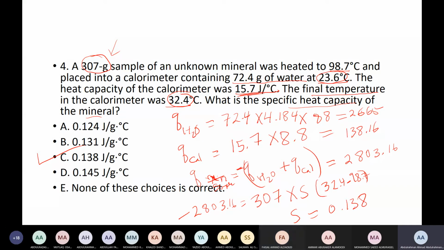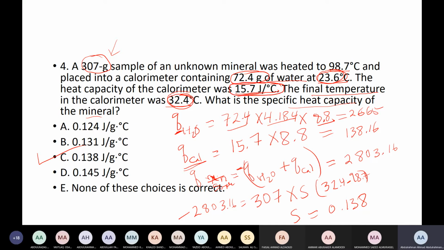We have water. Start at 23, end at 32. So we calculate Q of water, which is mass times specific heat of water times the change in temperature, 8.8. Clear? Yes. We have also the calorimeter. This is C for the calorimeter.